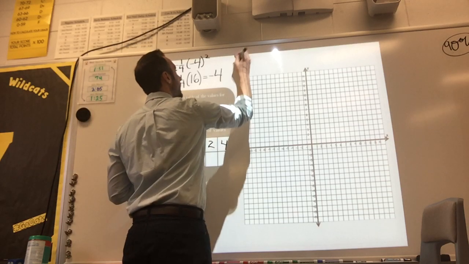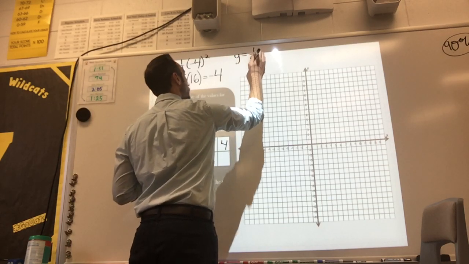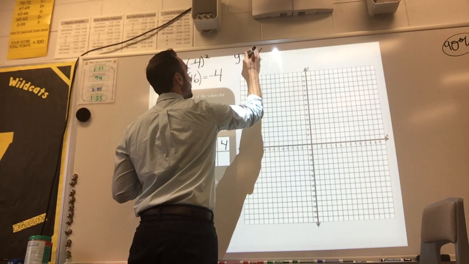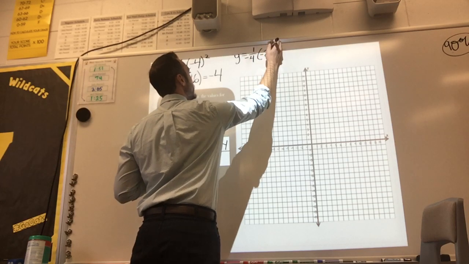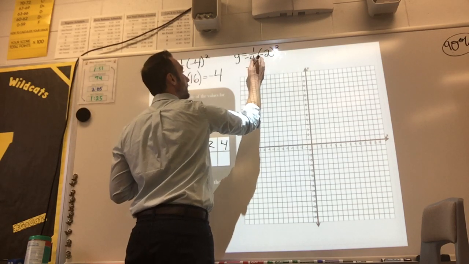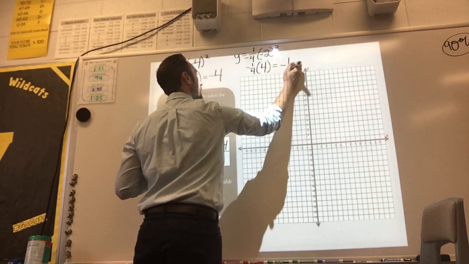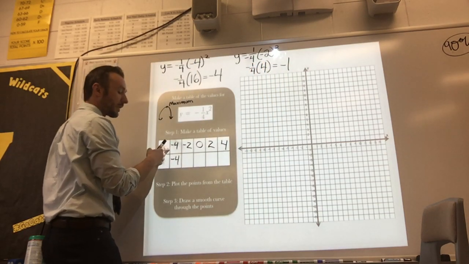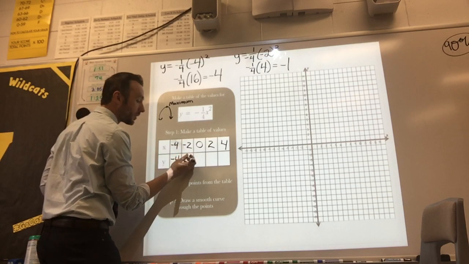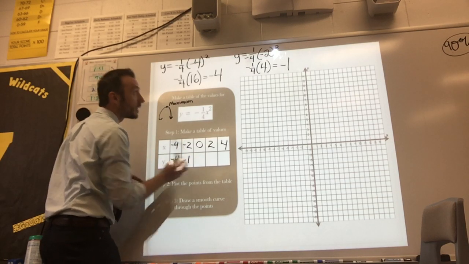So I'm left with y equals negative 1/4 times negative 2 squared, which is the same as negative 1/4 times 4, which would be just negative 1. So I have a point of negative 4, negative 4, and a point of negative 2, negative 1.